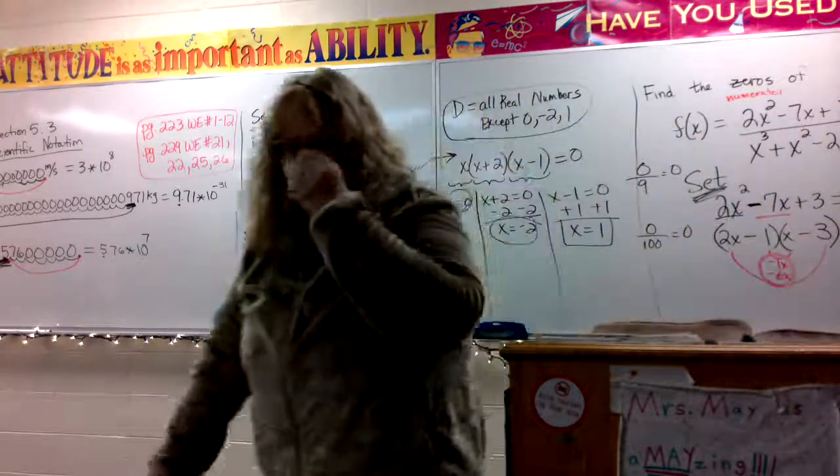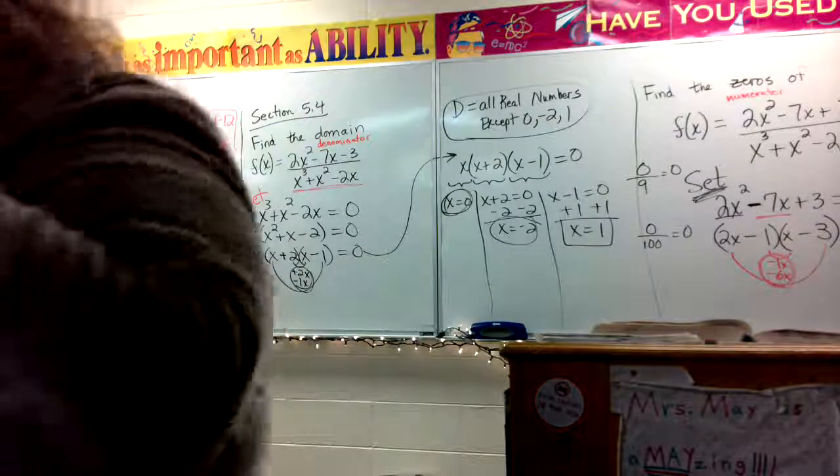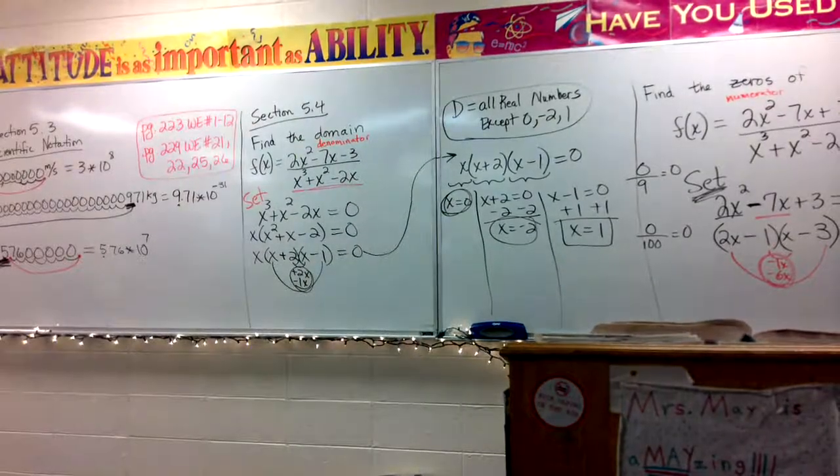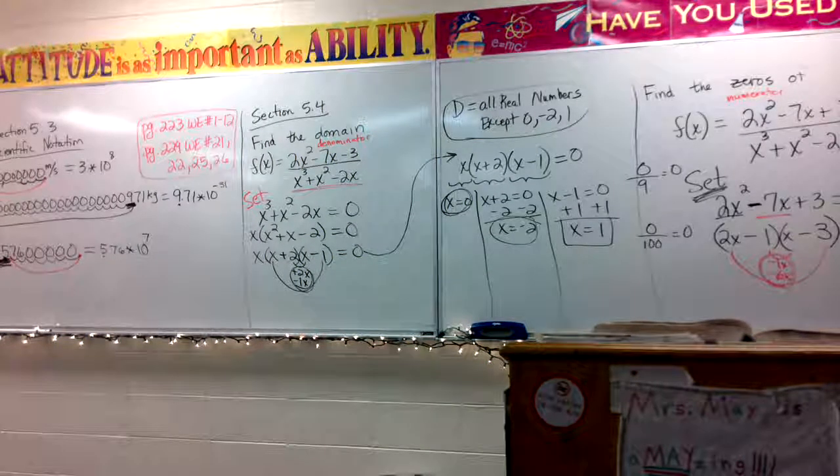I did plus x squared minus 2x. Let's use that same function over here for the domain. So I have a function, and I'm supposed to find the domain of the function and find the zeros of the function.